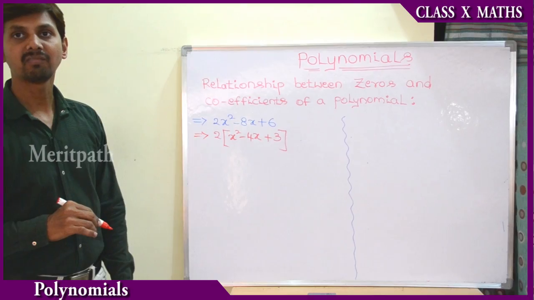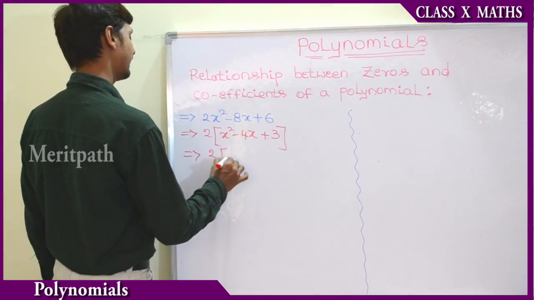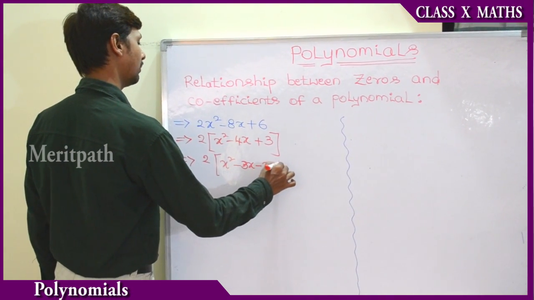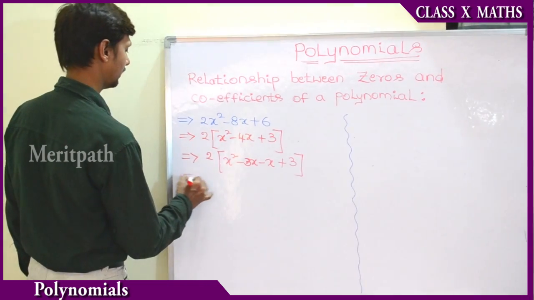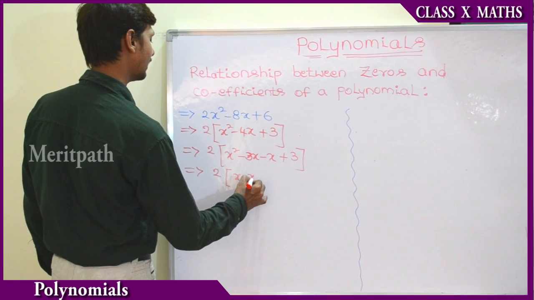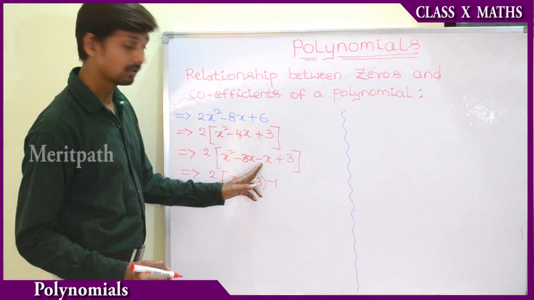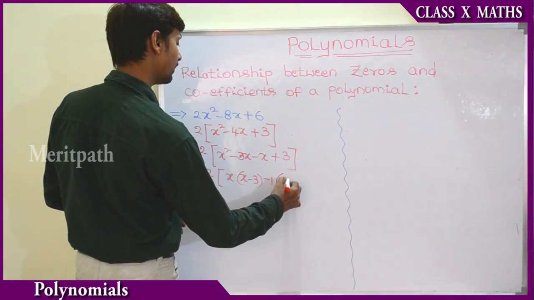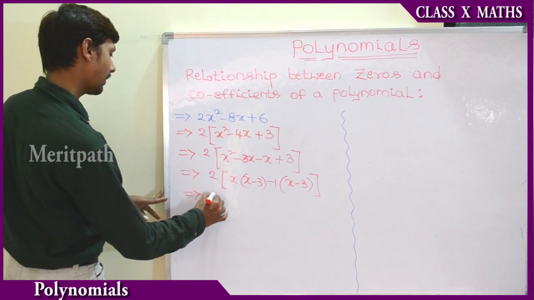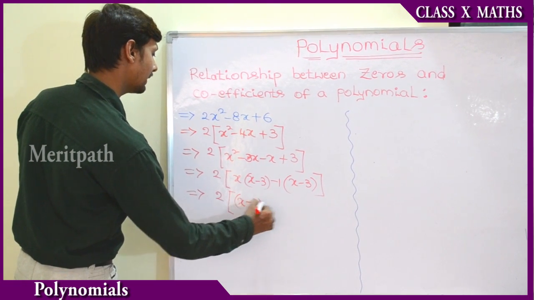Then if we factorize, 2 into x squared - 3x - x + 3. Then we get 2 into, take x common in this, x - 3. If we take -1 common in this, -1 into x - 3. And from this, if we take x - 3 common, then we get x - 1.